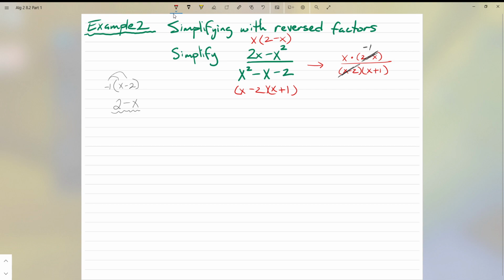So this final answer, when simplified, I have on the top an x times a -1. So I'd have -1x or negative x. On the bottom, I've got an x plus 1.